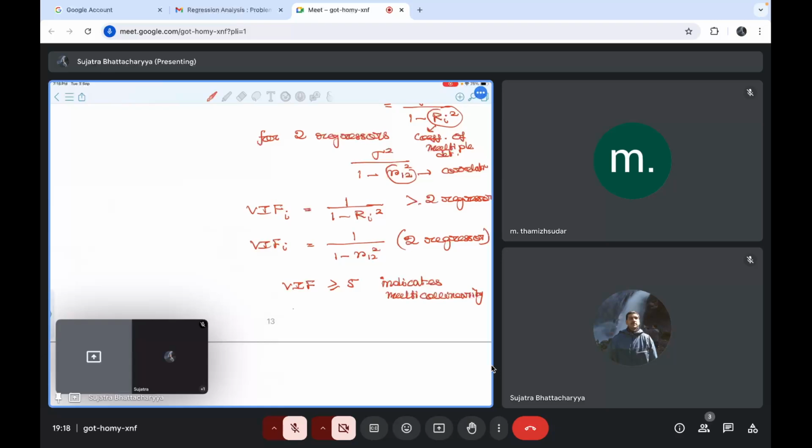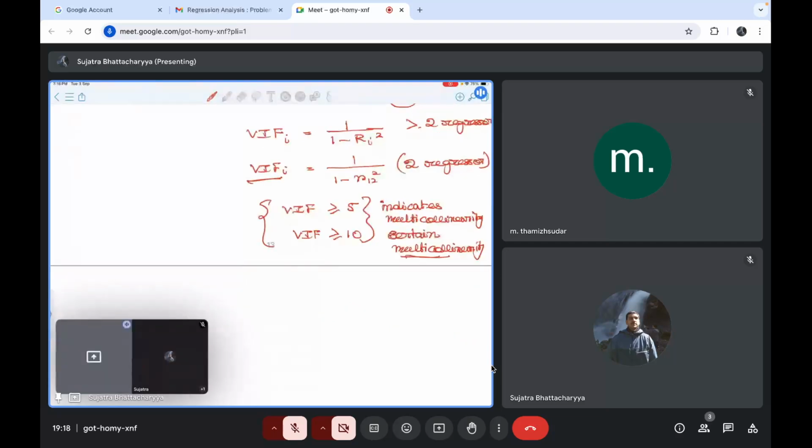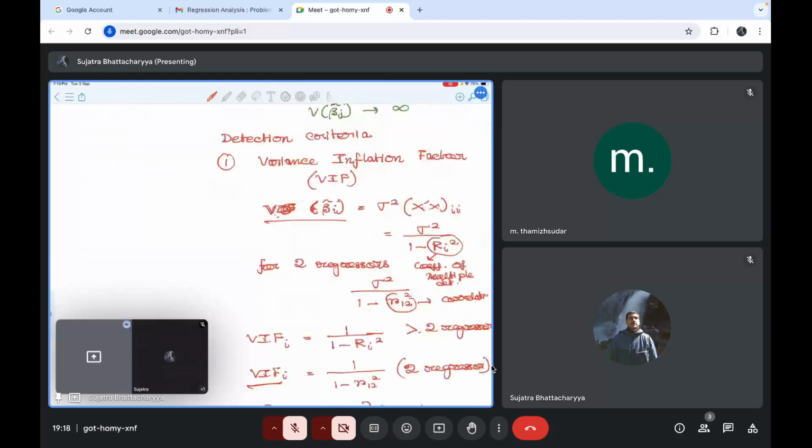And if VIF is greater than or equal to 10, it indicates strong or certain multicollinearity. So you can say VIF greater than or equal to 5 is more of a near multicollinearity, and this is certain multicollinearity. These are the two conditions for VIF. So one detection criterion we have discussed.